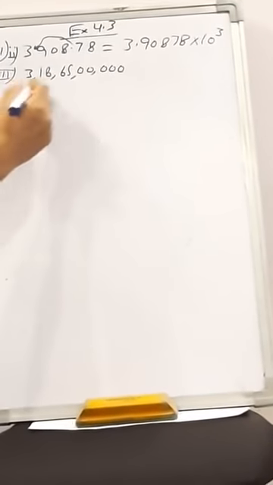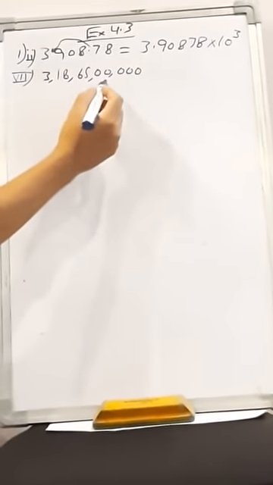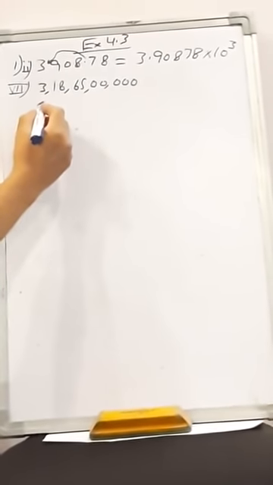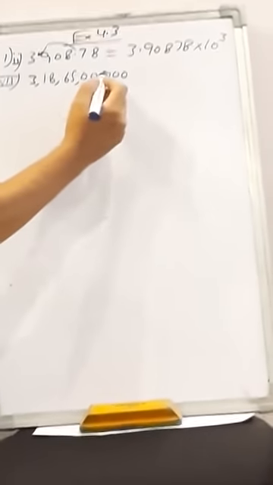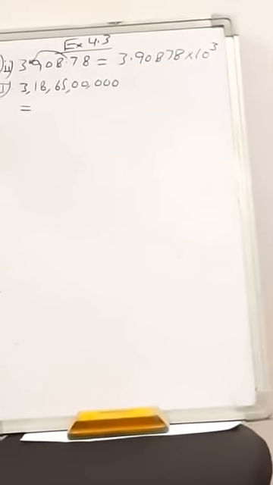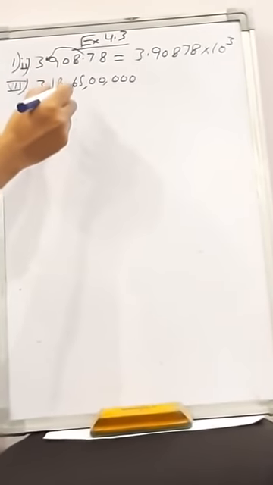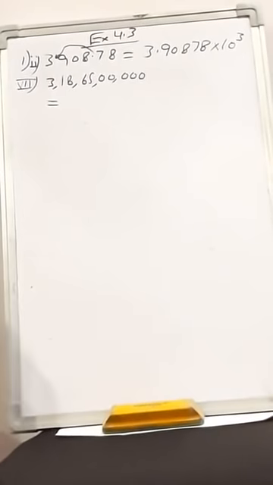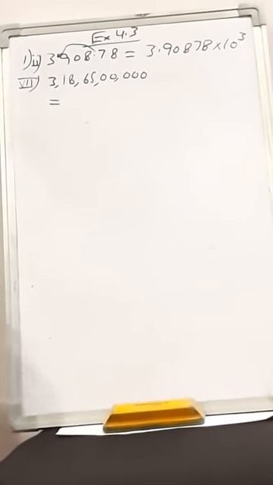So many zeros given here, and it's a large number. I told you the use of exponents. It is used to write a given number in standard form so as to reduce this number and to write it in a specific manner, in a short manner.